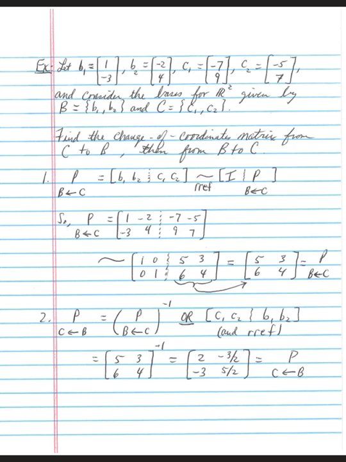Once we row reduce echelon form, we're going to have the identity matrix in the first two columns, and then we'll have our change of coordinates matrix in the last two columns.